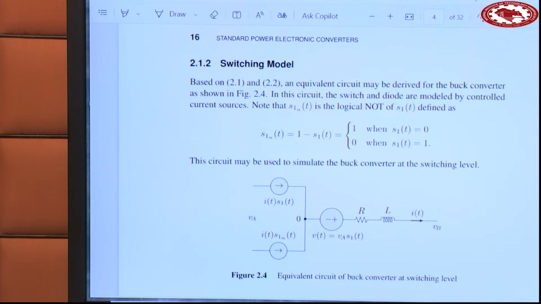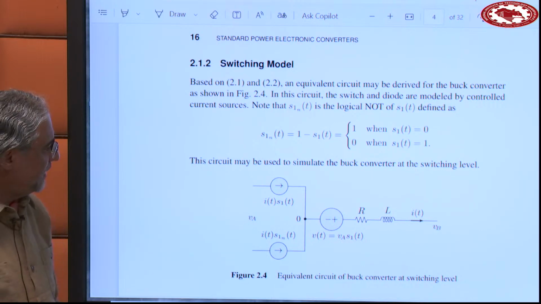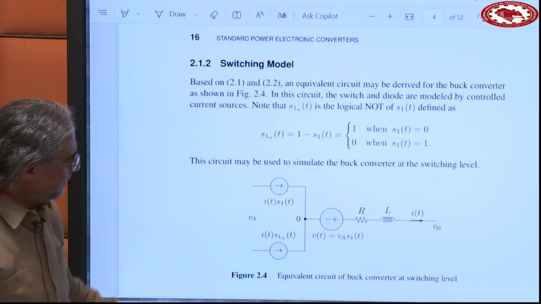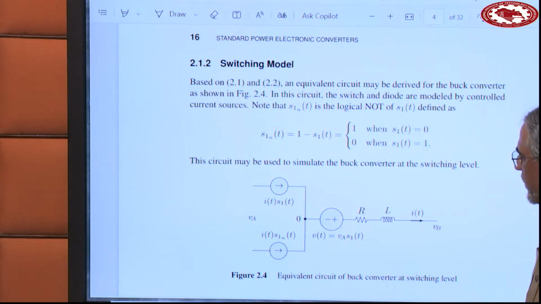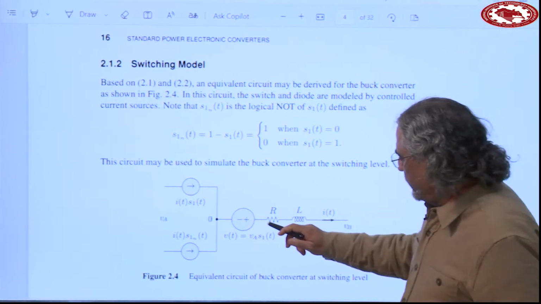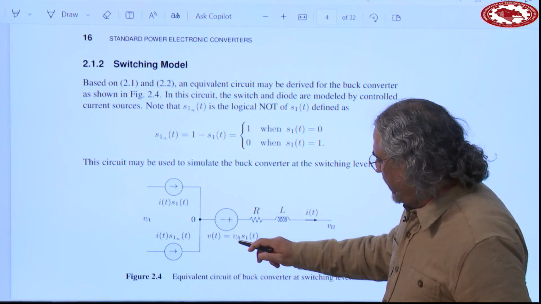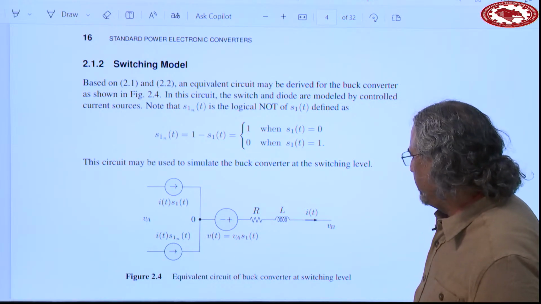So if you look at those two equations that I just explained, and this definition of S1 and S1N that we have here, you can say when the switch is on, the current is I, and it's flowing into this inductor. And the voltage on this side is VA times S1, and this point is 0 voltage, and this is VB.